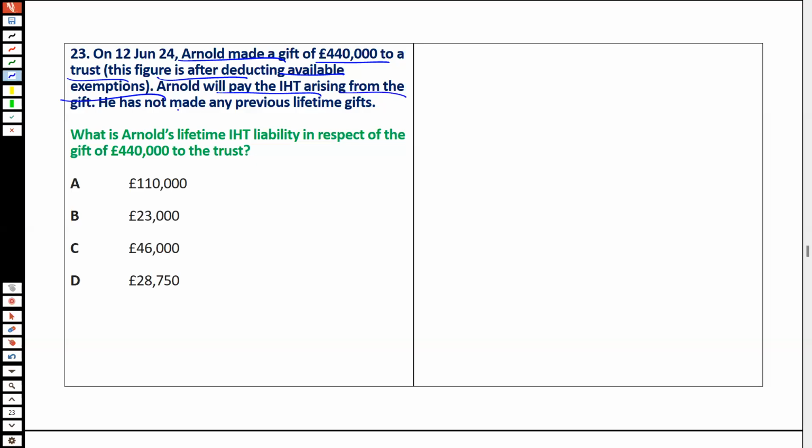Arnold will pay the IHT arising from the gift. He has not made any previous lifetime gifts.